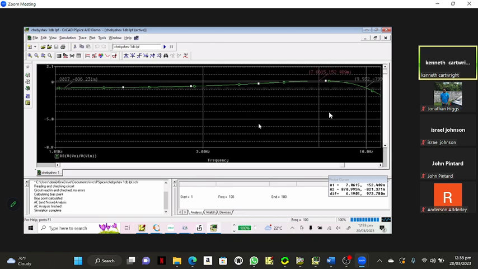So 152 plus 806 is roughly 1 dB. That's showing you the ripple in the pass band, and it's pretty close to 1 dB. 806 plus 152 is 0.958.